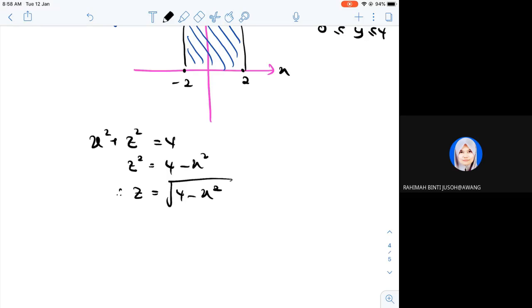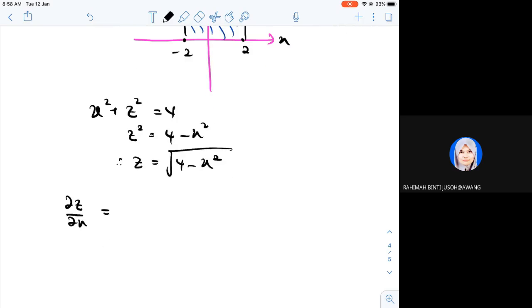Next, we need to find del Z over del X. We have to differentiate Z terhadap X. So how do we differentiate this? Okay, this is equivalent to 4 minus X kuasa 2 to the power of half, isn't it? So we differentiate Z with respect to X. 1 over 2 comes forward here. So we have 4 minus X squared to the power of what? -1 over 2.